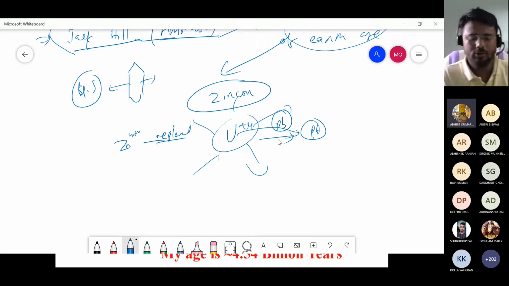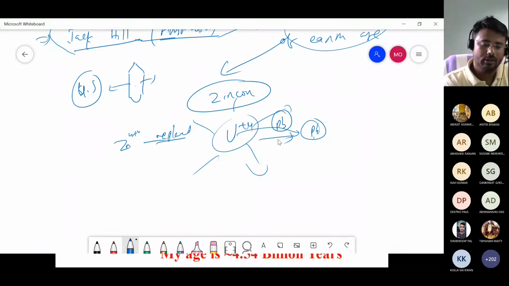We humans are replacing? No. We have no role in this. We cannot replace all these minerals. On the contrary, we should be thankful to these minerals, because only because of these minerals we are here.